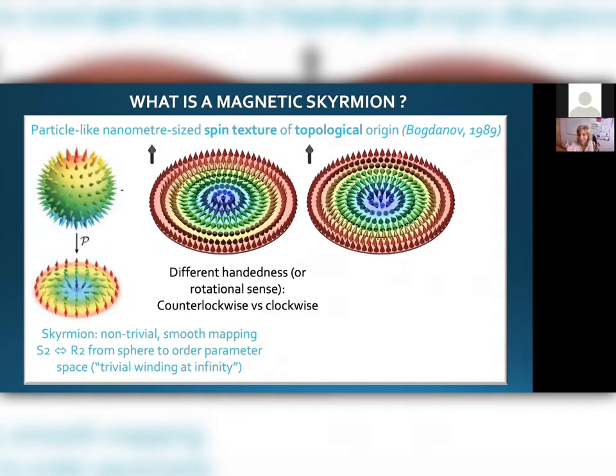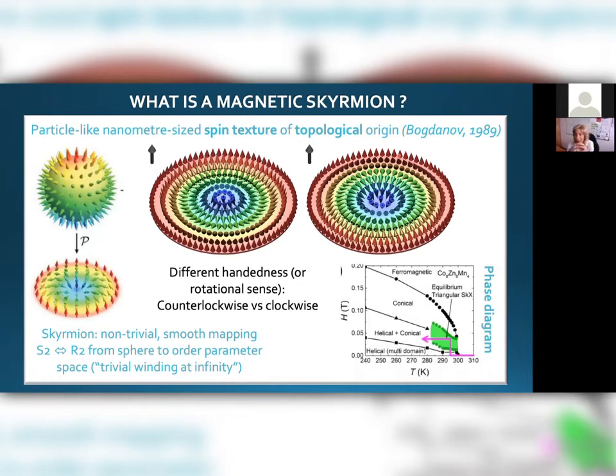There are many kinds of skyrmions with different rotational senses of the spin going from the center to the edge. And also, what is rather common in all the skyrmion-based materials is a complex phase diagram. So here I show one, they more or less look almost all the same. The ground state is a helix.